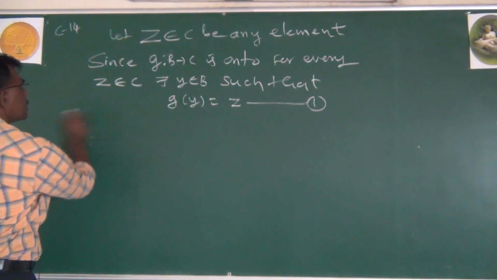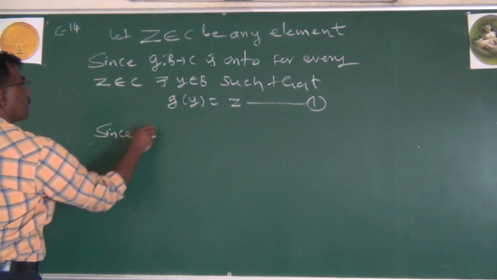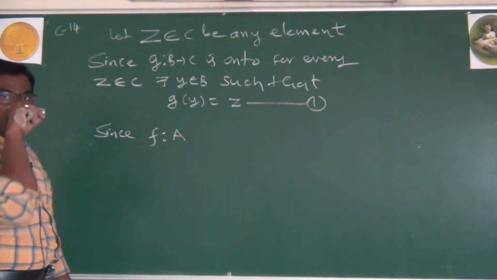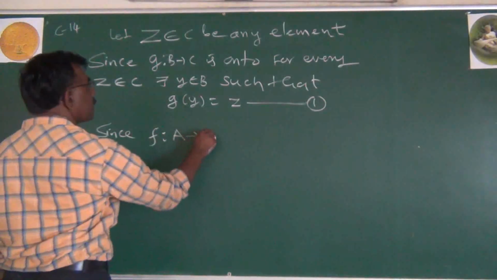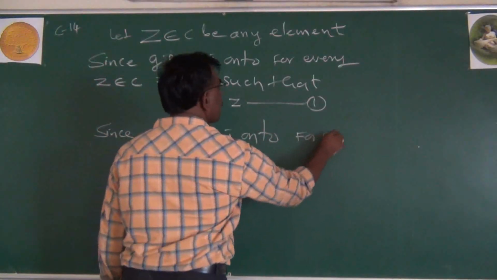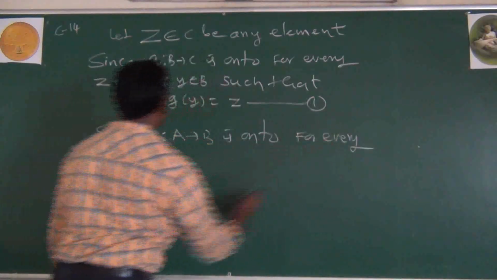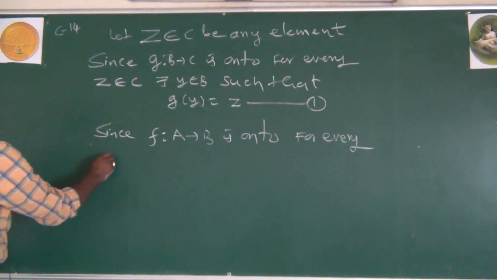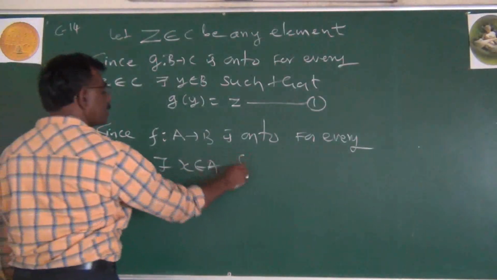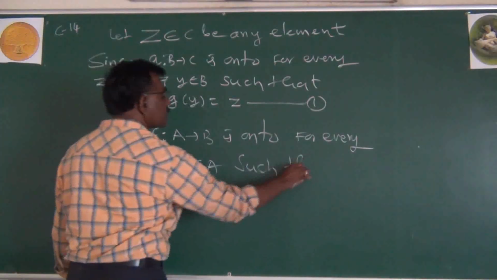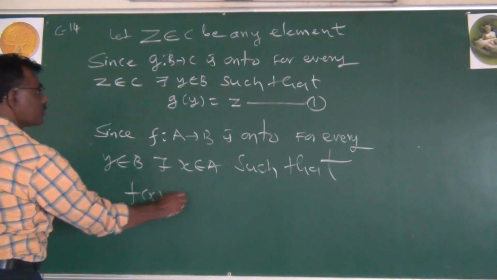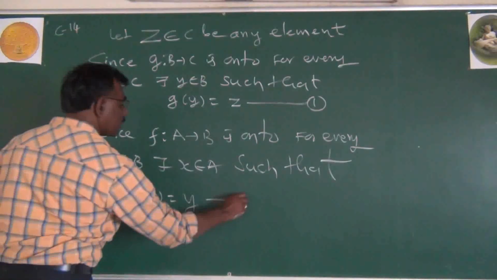Equation 1. Also, since f from A to B is onto, for every y belongs to B, there exists x belongs to A such that f of x is equal to y. By the onto definition. Equation number 2.